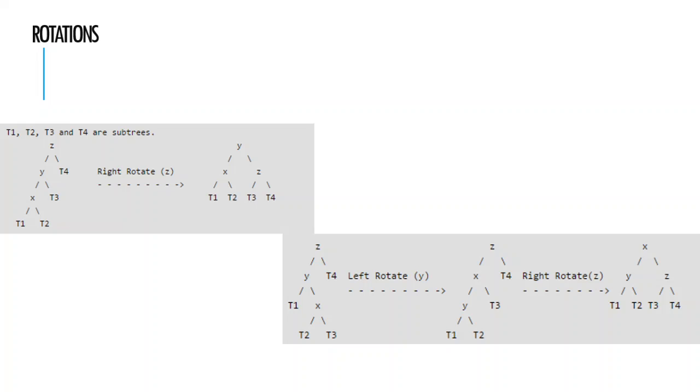If you do the right rotation of Z, you would have X now as the main node, Y less on the left, and Z which is greater on the right. T1, T2 would be on the Y, T1 is less, T2 is greater than Y. Z will have T3 and T4, T3 on the left is less, T4 is on the right because it's greater than Z.